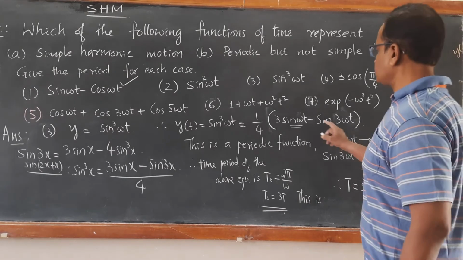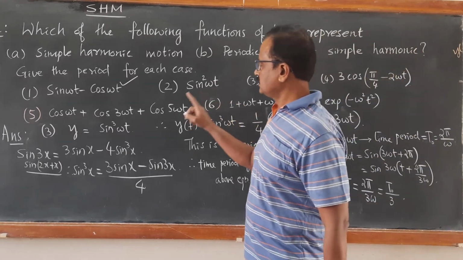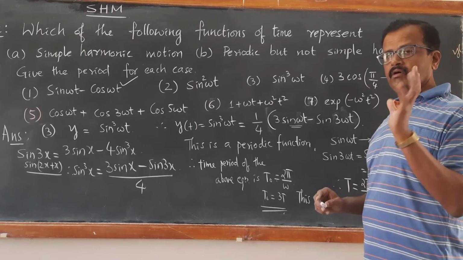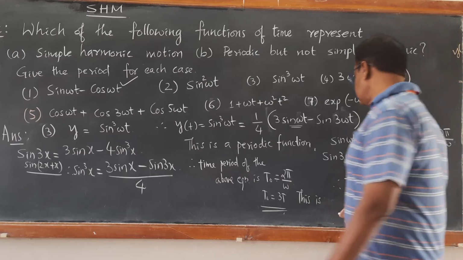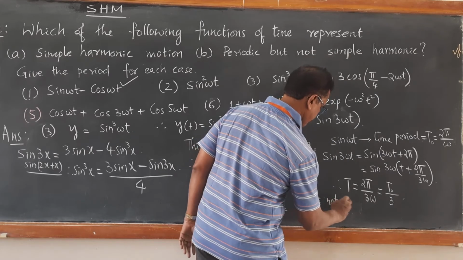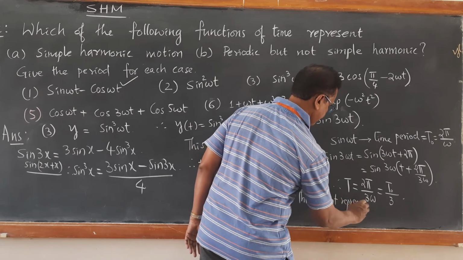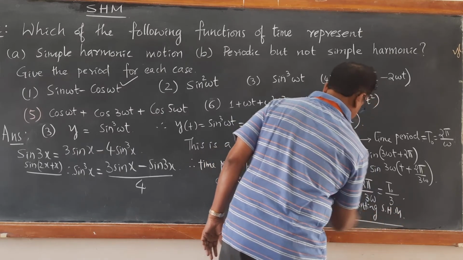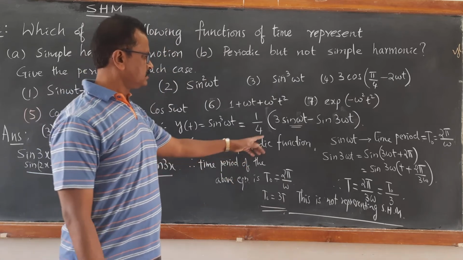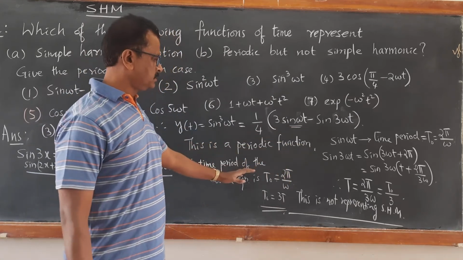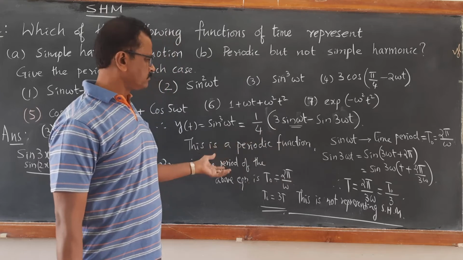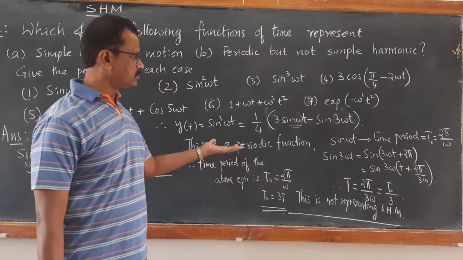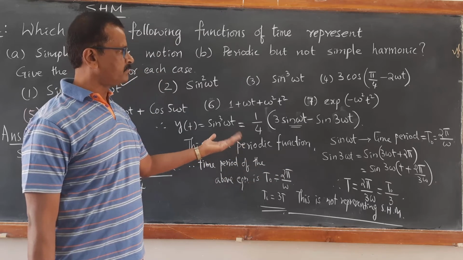This is not representing the standard form of the required equation, which we got earlier, either sine form or cosine form. Although its time period is 2 pi by omega, and it is a periodic function, it is not representing simple harmonic motion, because it doesn't have the standard form of equation.